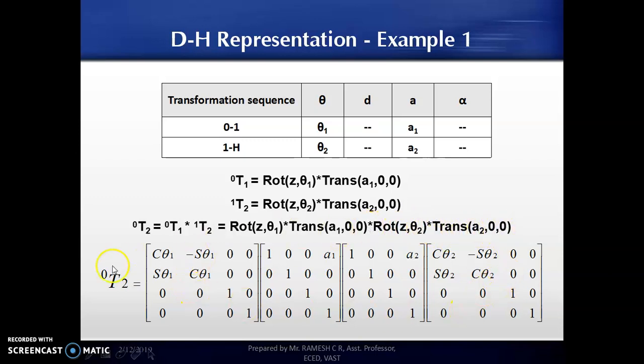Now on expanding I get these 4 by 4 matrices. On multiplying and solving, I will get a final 4 by 4 homogeneous transformation matrix corresponding to the transformation of the given 2 degree of freedom planar robot from joint 1 to joint h, as marked in the figure.